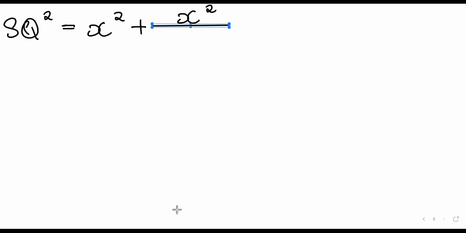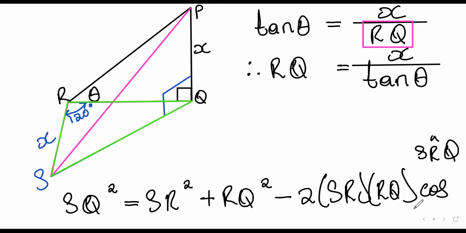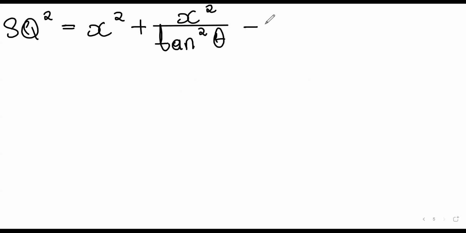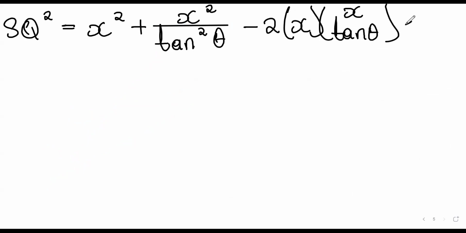When you square the tangent in the denominator, you get tan squared theta. Yes? And now you just need to subtract twice x, which is also multiplied by x over tan theta. Then you times this by the cosine of 120 degrees. Very well.